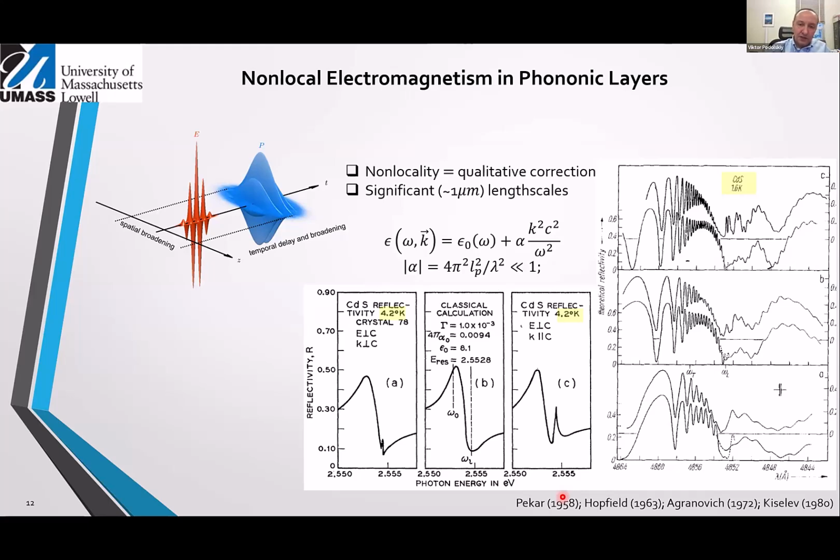The nanotechnology at the time was not as developed as it is now, and people looked at non-locality in excitonic materials. You can see the experimental reflection spectra from cadmium selenide at 4 kelvins. At 4 kelvins, they see this peak in reflection response that is not modeled by classical simulation. And this peak is attributed to excitation of that additional wave inside these cadmium selenide crystals.